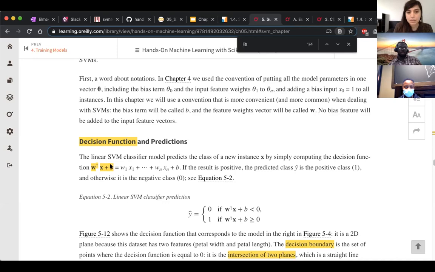Previously, we talked about b as theta 0 on the regression models and w as theta 1, a vector of all the weights. But here, by convention, he's changing it to w and b. So this is the function that he is going to use, and he's calling it the decision function, like the predictions.